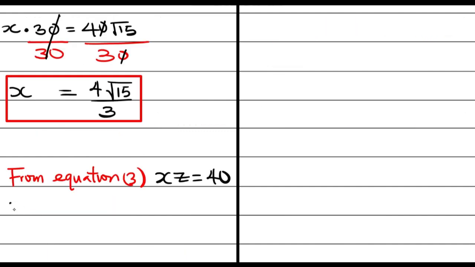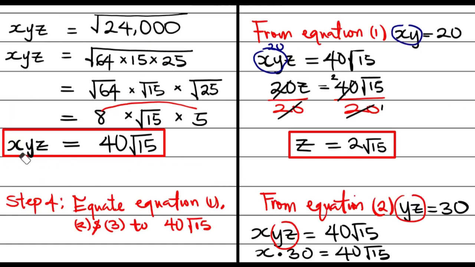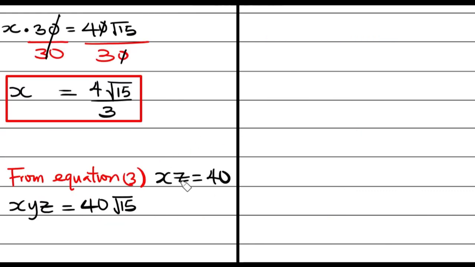We're still going to say xyz equals 40 root 15 as we got it from the previous page. In that case, xz is 40, and I have xz here equal to 40, except y that I don't know. So I'm going to say 40y equals 40 root 15.